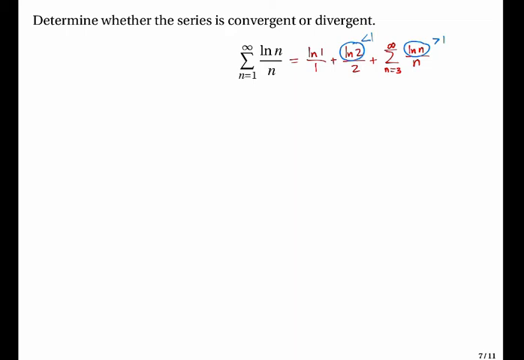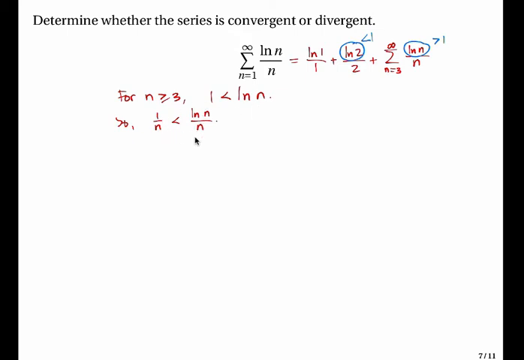So, with that, for n greater than or equal to 3, we have 1 less than ln of n. And therefore, if we divide both sides of the inequality by n, we have 1 over n less than ln of n over n.